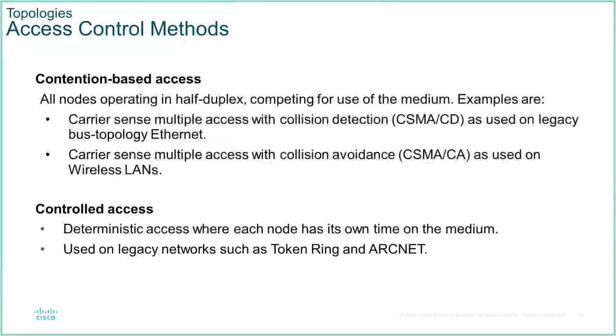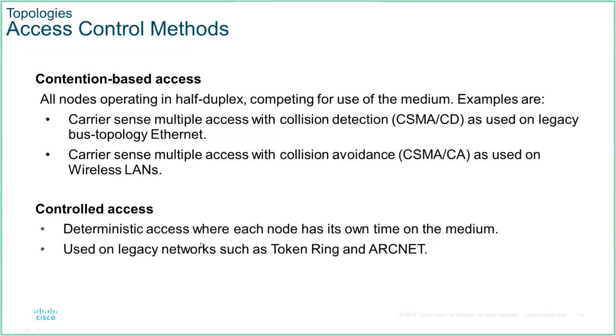So in a lot of ways, when we talk about wireless LANs, it gets closer to controlled access than contention based, but it's not as controlled. That's why it's still in contention. We'll look at these in detail later.